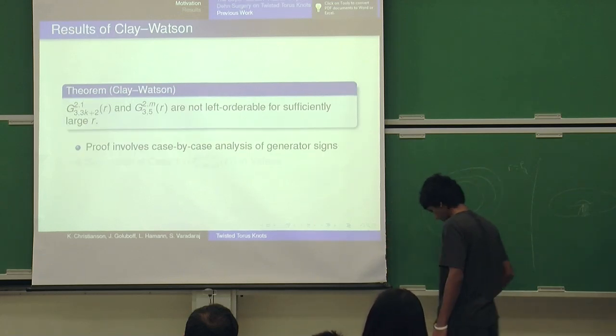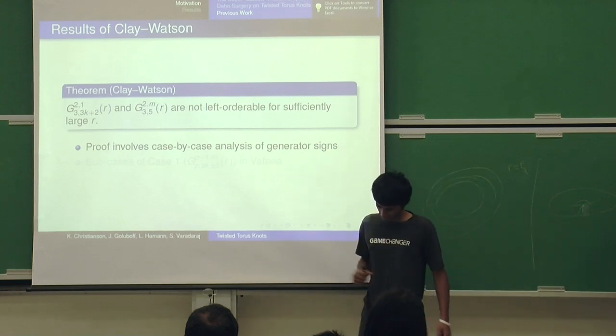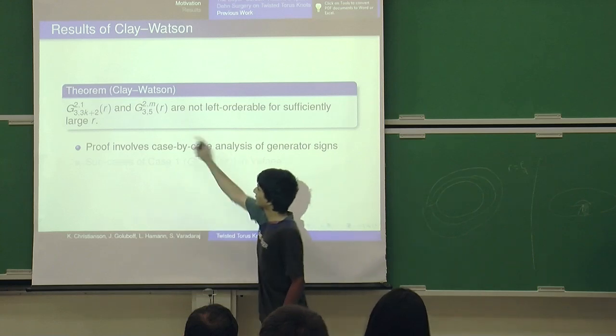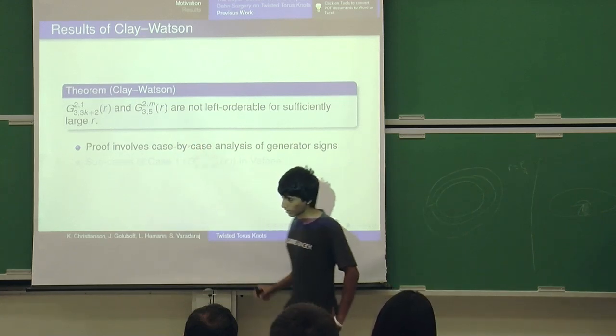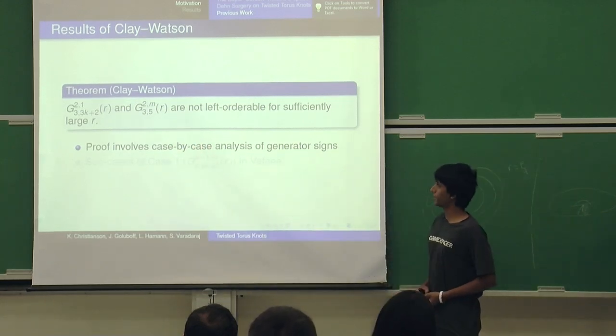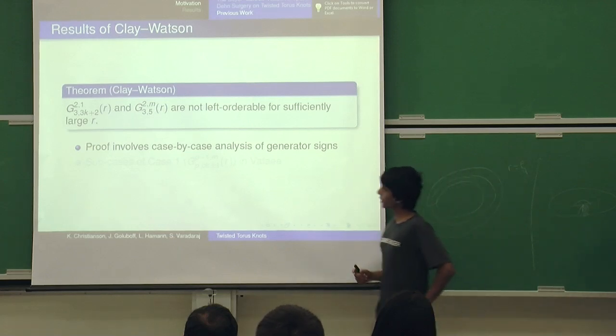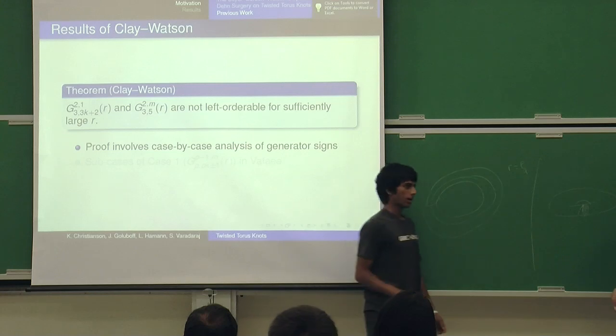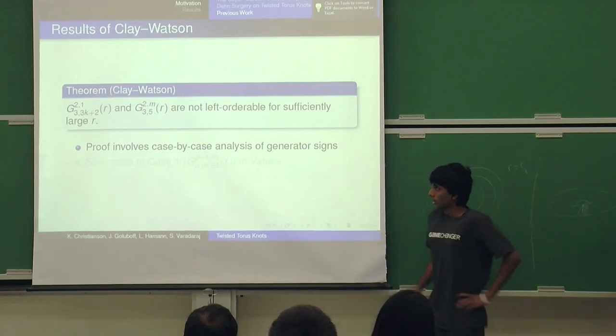Right. So, where did it all start? We saw a paper by Clay and Watson, and they had a result for specific P, K, or M. Now, they either had to fix K or M, so we tried to generalize that result for P equals 3.